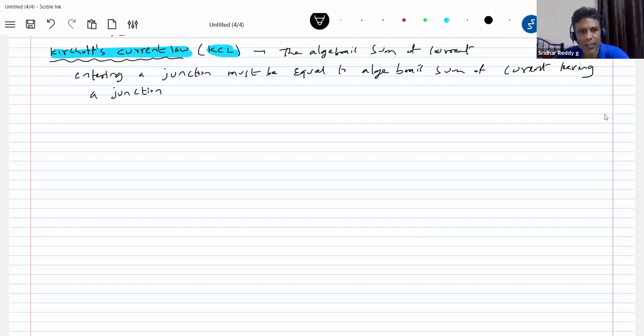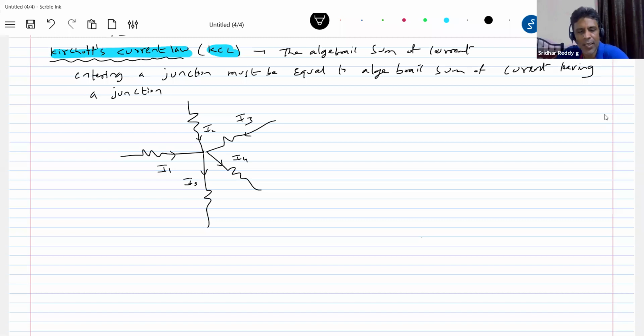So here let's take this. These are the resistances. Current I1, I2, I3 will enter here, and the current here is leaving.